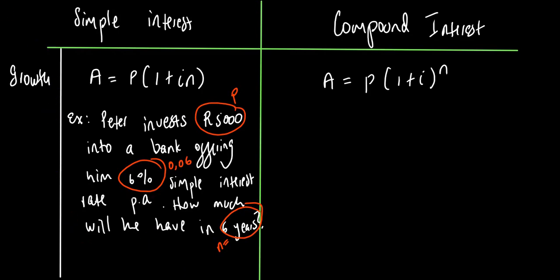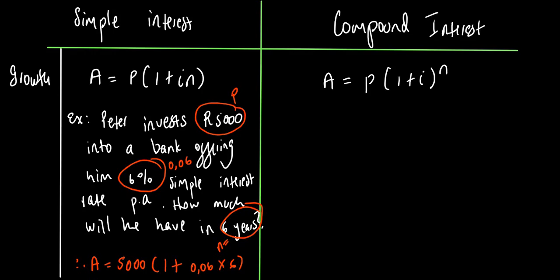So when we use the formula, A would be equal to, now the principal amount is 5,000, so we put that in, and then we say 1 plus, what is the interest? Remember that it's 0.06 multiplied by the 6 years, right? Then you are going to get your answer there. I don't know how much you get, right? Please do try to work it out and just comment for me the answer that you have there, okay?